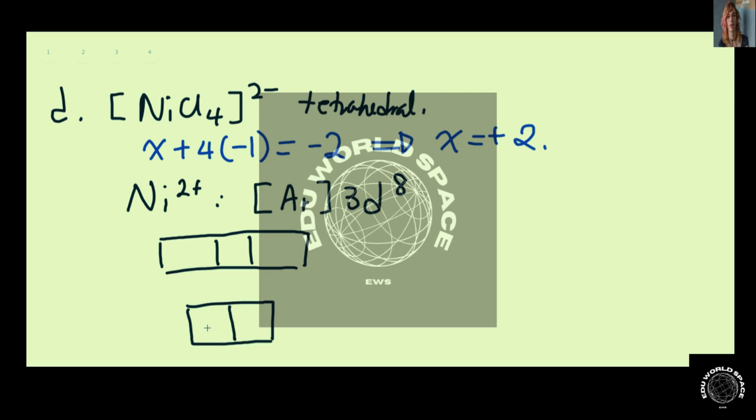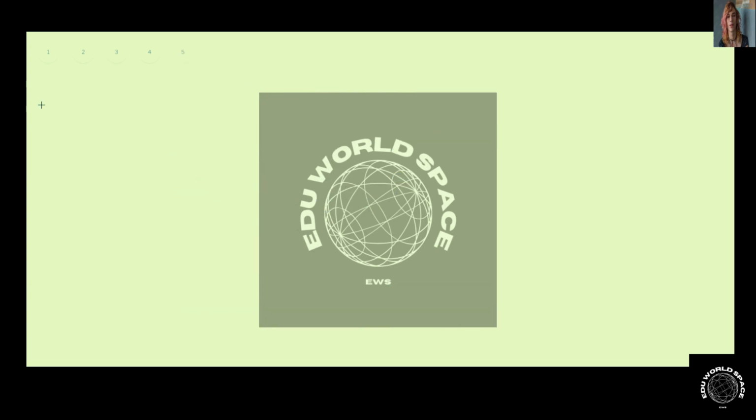So we have 2 orbitals at the lower state, and we'll start filling with 8 electrons. 1, 2, 3, 4, 5, 6, 7, 8. So there are 3 pairs of electrons and 2 unpaired electrons. That is part D. So this is the d8 tetrahedral orbital.